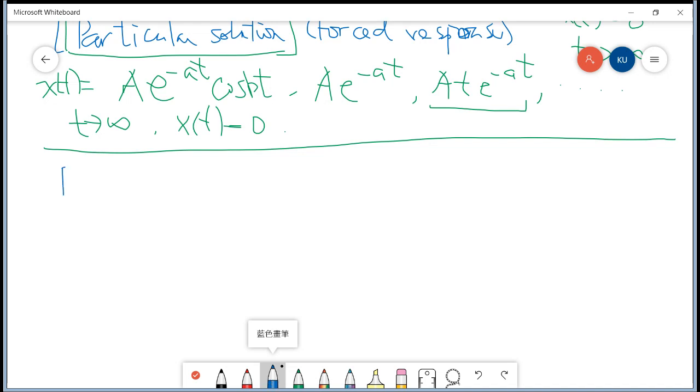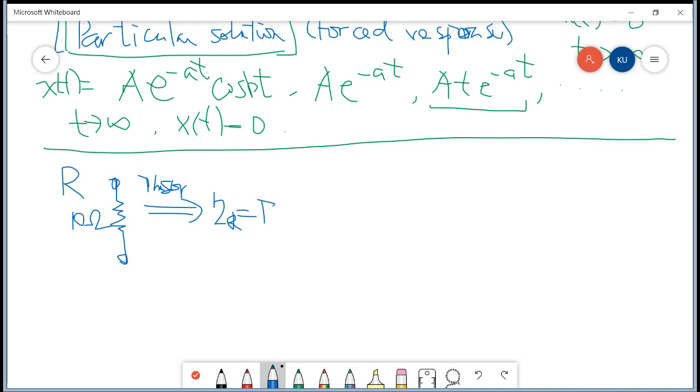For resistance R, for example, a 10 ohm resistor, the phasor for resistance is nothing but R, which means in this case it is 10 ohm.